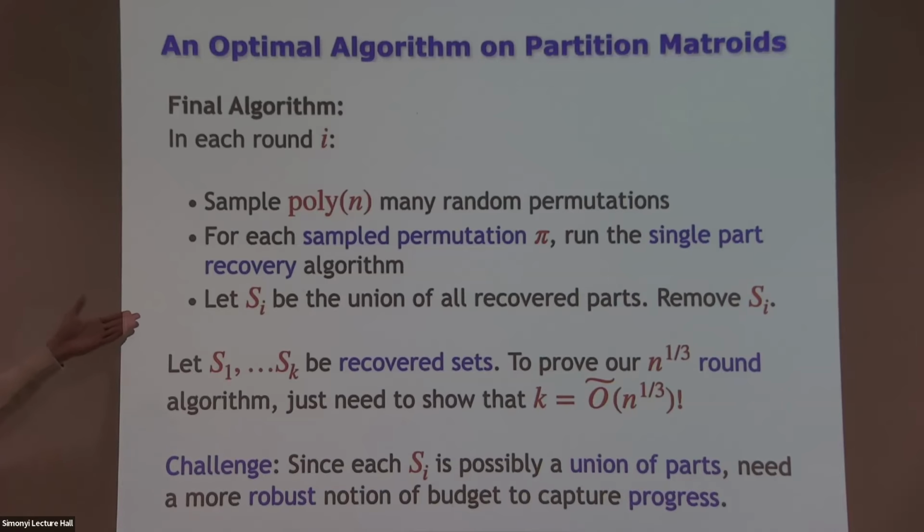You can imagine that when you recover a set Si, it's really a union of individual parts. And so there's not a clear notion of what's the budget of a set of elements that contains multiple individual parts. One of the key challenges in this direction is to come up with an appropriate definition that's a robust notion of budget that we can use to measure progress.